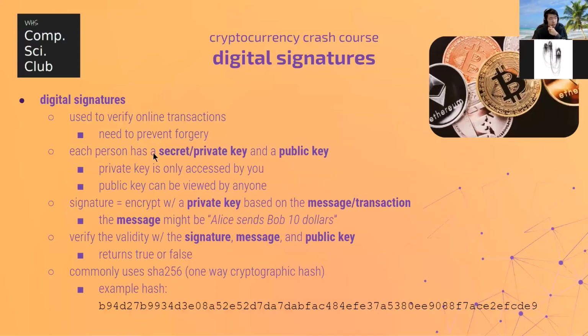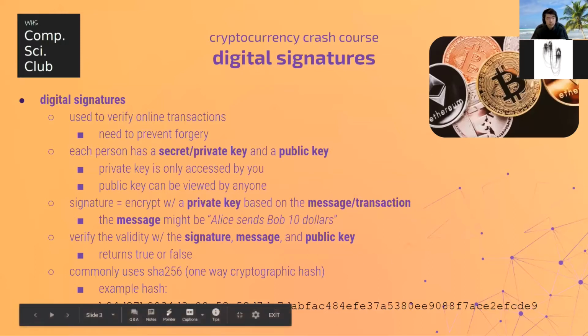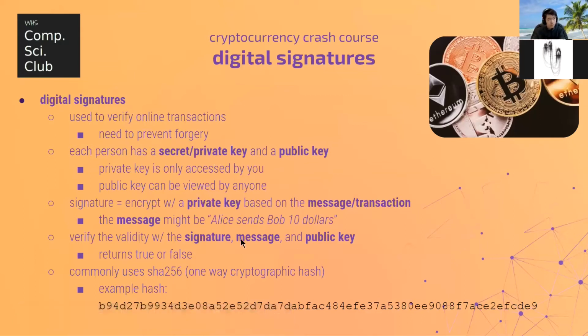So the signature that we're going to be making is encrypted with your private key, and it's based on the message or transaction. And the message might be something like Alice sends Bob $10, right? And then you would encrypt this message with Alice's private key because Alice is the sender, and that would give you the signature from Alice for this message.